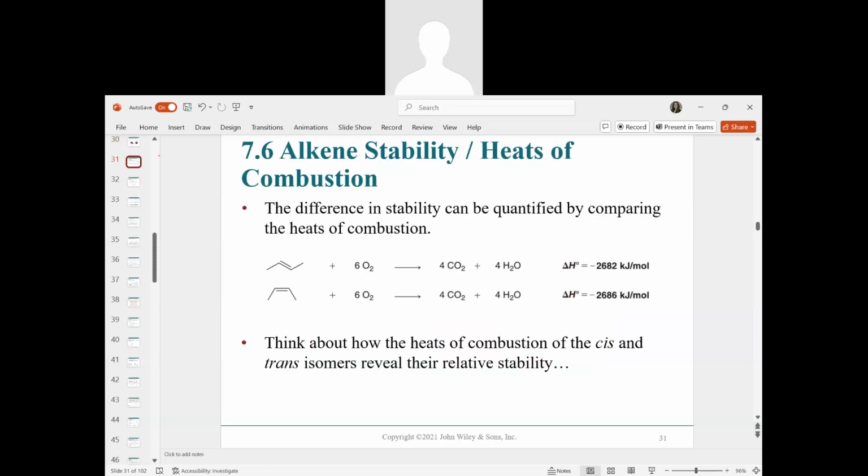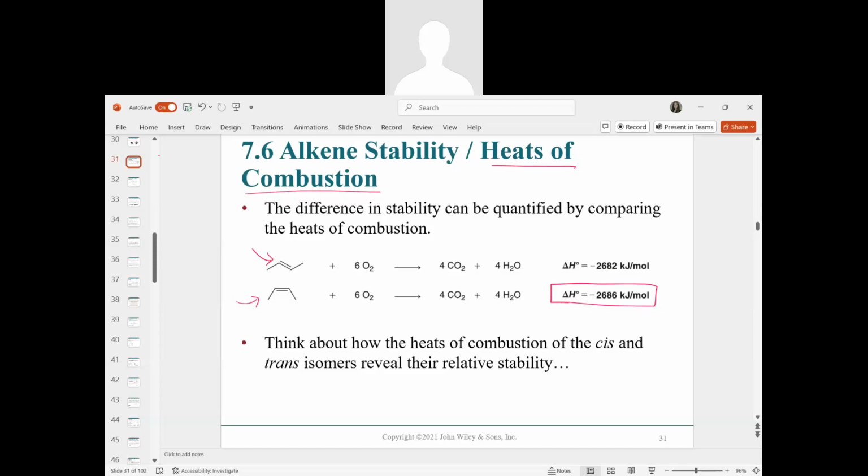And we can see this in evidence here through our process of heat of combustion comparison. So what we have down here is the trans isomer up top, the cis isomer below, and we see that there's actually more energy release, so a higher magnitude here, this 2686 over 2682, in this enthalpy change overall.